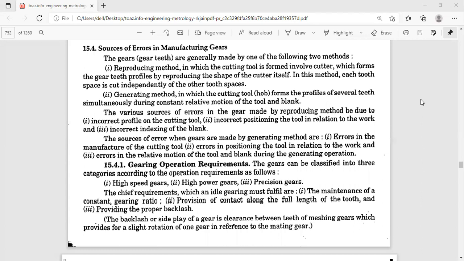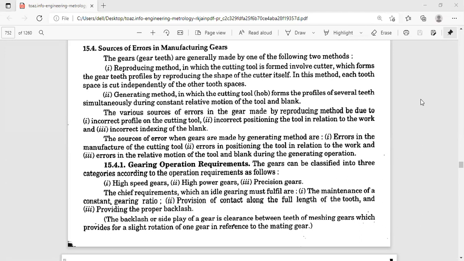In screw threads also we have that particular error due to the position of the tool relative to the work. That also is very important, because the machinist or the person responsible for the manufacture of gears will be trained, and the correct setting or correct positioning should be there.